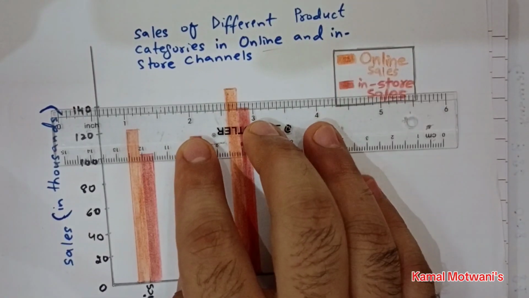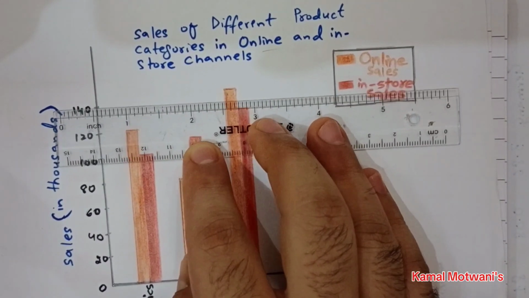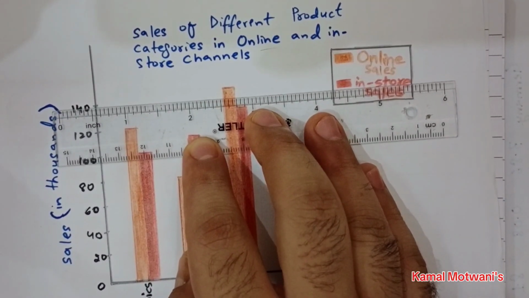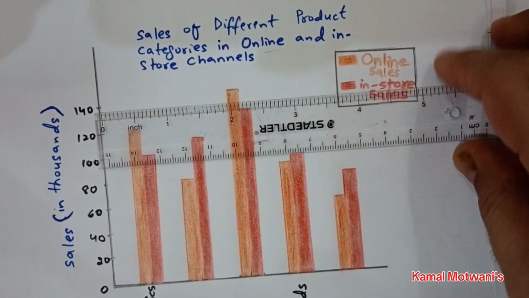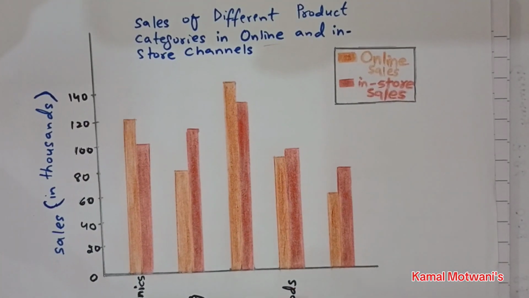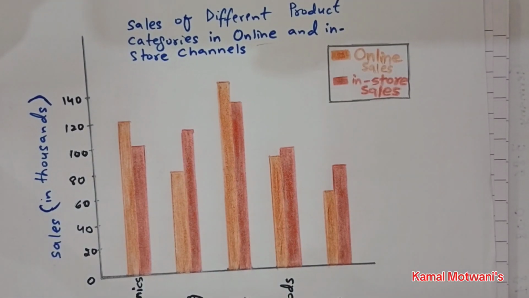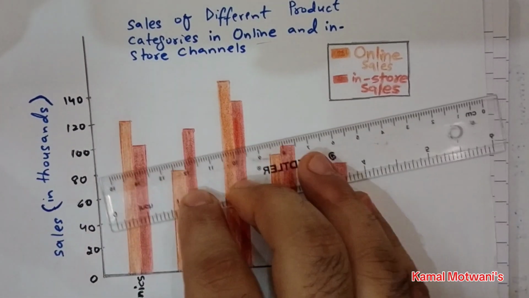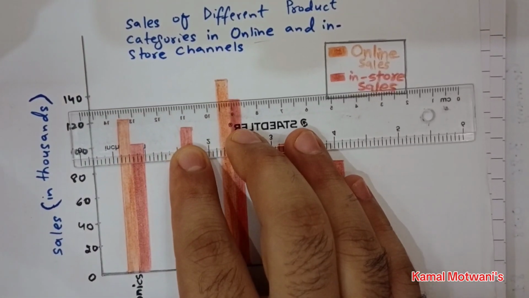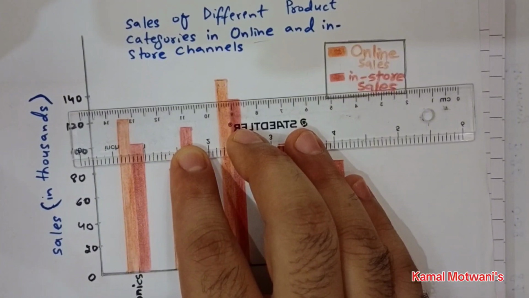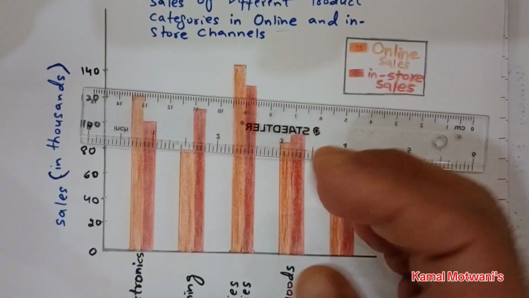Let me show you with the help of the graph. It is around 150, you see. And then the in-store sales of the grocery category reach up to, I think, 135 or something like that, below 140.